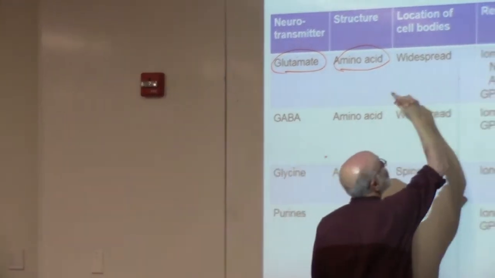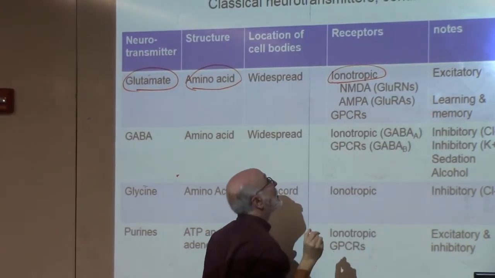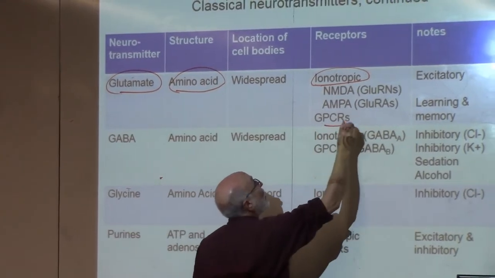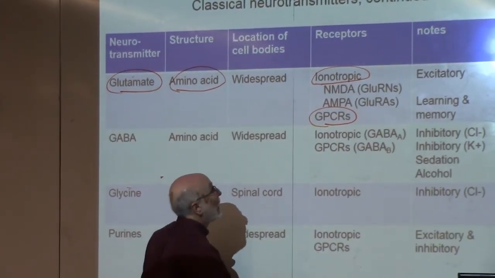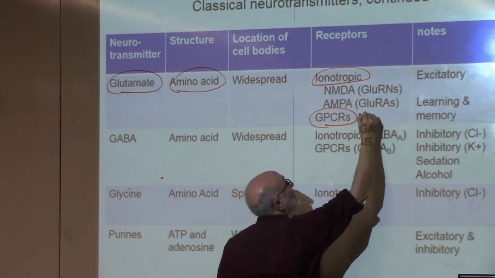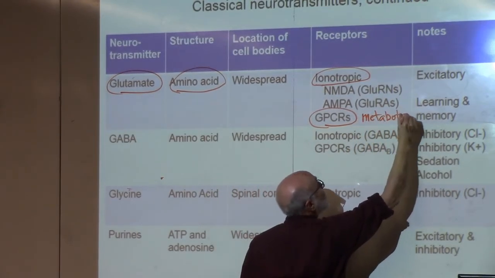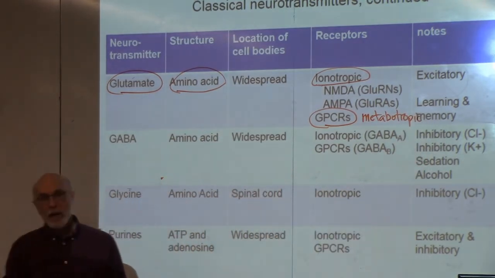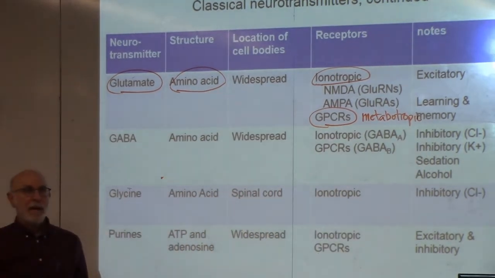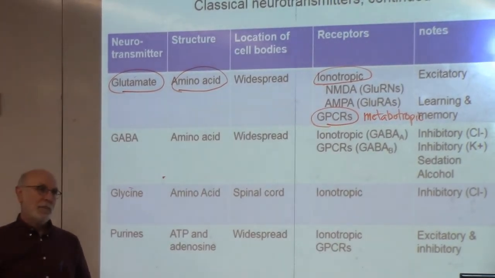I want you to know that glutamate receptors can be either ionotropic or G protein coupled receptors, and we call these metabotropic. So ionotropic receptors are ligand-gated ion channels. Metabotropic receptors are GPCRs.